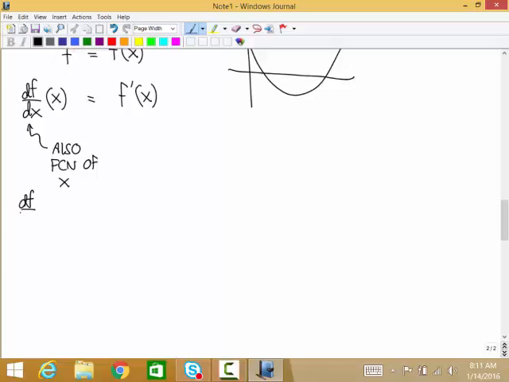And df dx gives the slope of the f versus x graph for any x value.